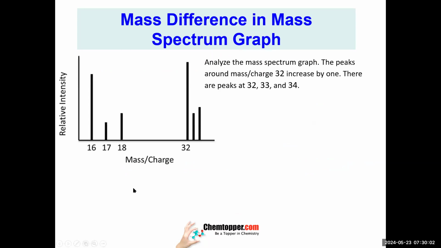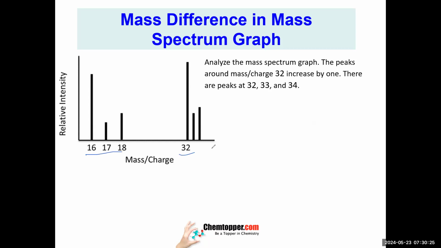Can we do this question? This is again the mass spectrum of an element. No, they are not six. It's an element. How come the isotopes? Isotopes don't differ by this much.